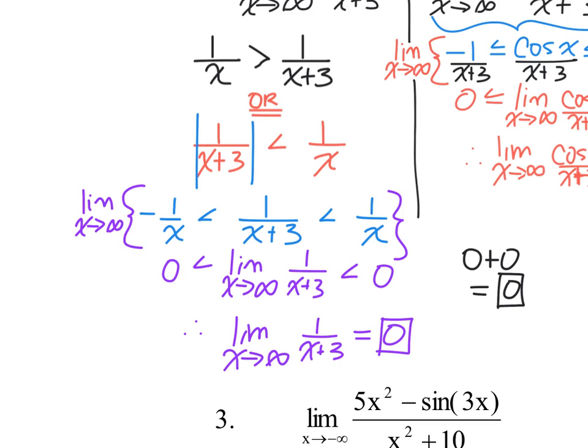So this relationship is true, certainly. For small values of x, 1 over x plus 3 is definitely, without a doubt, less than 1 over x. But for very, very large values of x, 1 over x plus 3 gets closer and closer to being the same as 1 over x.